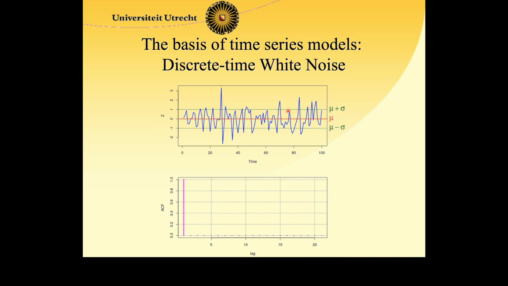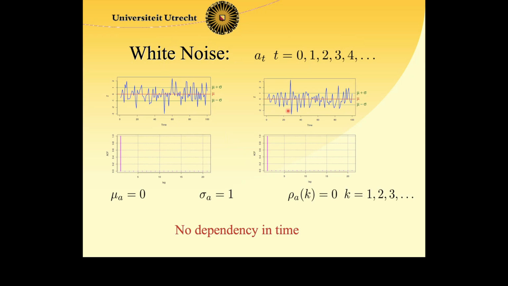So these are two other realizations of the same discrete time white noise process. Again, the correlation function has a value of 1 for lag 0 and 0 everywhere else. And these are the statistics of discrete time standard Gaussian white noise.